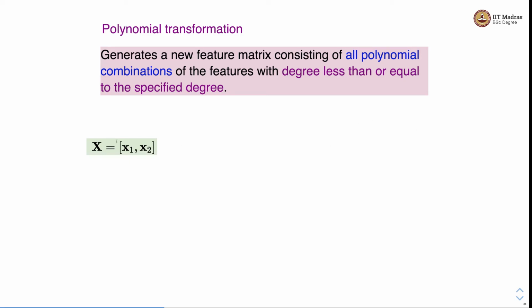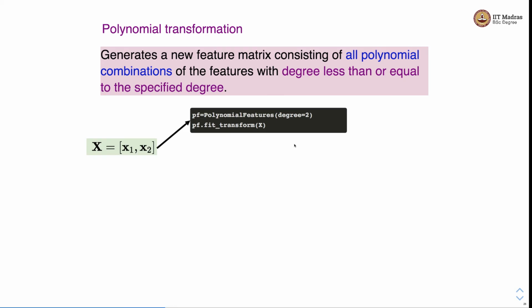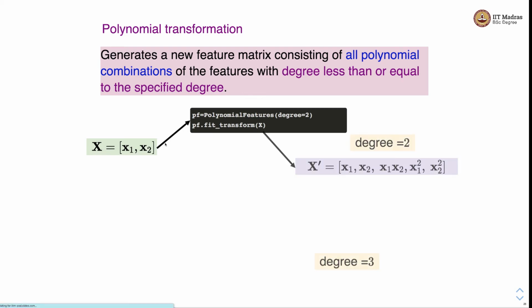Let's take a concrete example. Let's say we have a feature matrix with two features x1 and x2. Let's apply polynomial features of degree 2. So we instantiate a PolynomialFeatures object with degree 2 and we apply the fit_transform method on this original feature matrix.